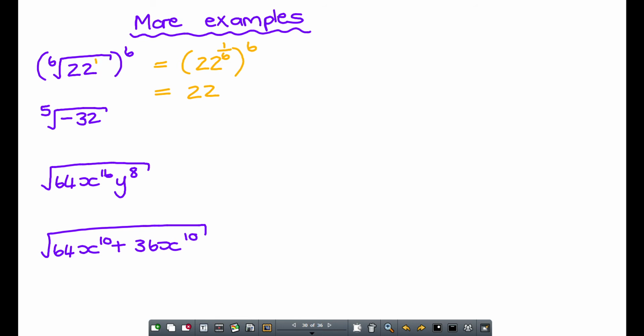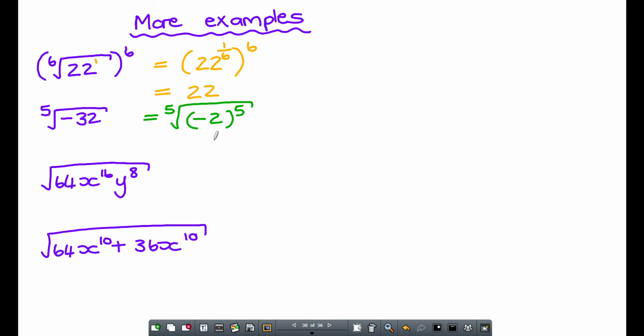5th root of minus 32. Okay, so let's first write the inside part in exponential form. That minus 32, I can say would be minus 2 to the power of 5. Do you agree?